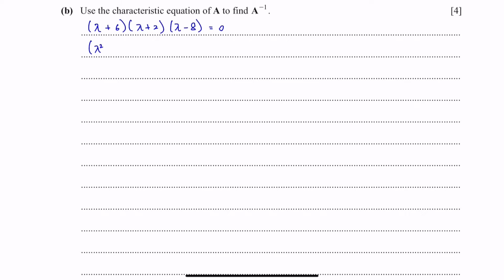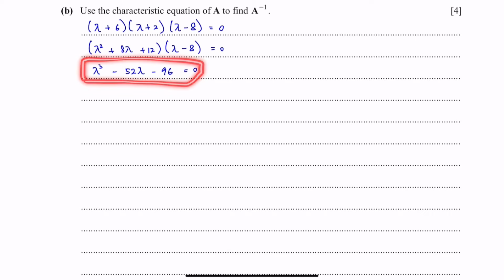So we expand the brackets. And we'll be getting lambda cubed minus 52 lambda minus 96 equals 0. So we can change this equation. We can just sub lambda equals A.